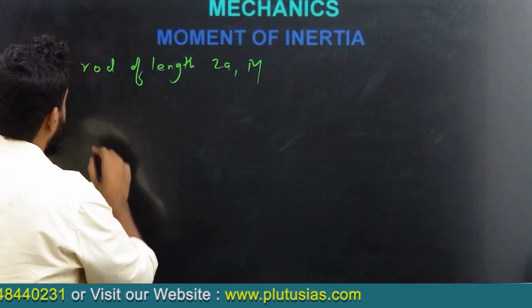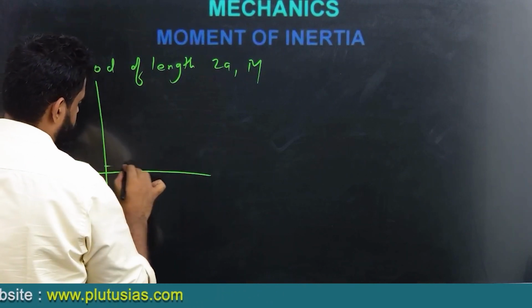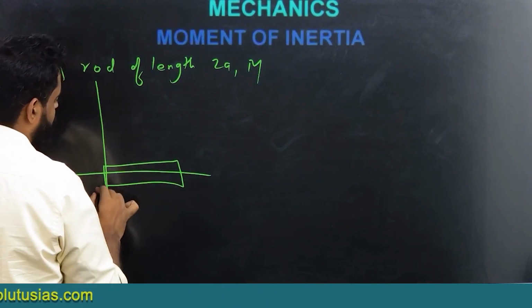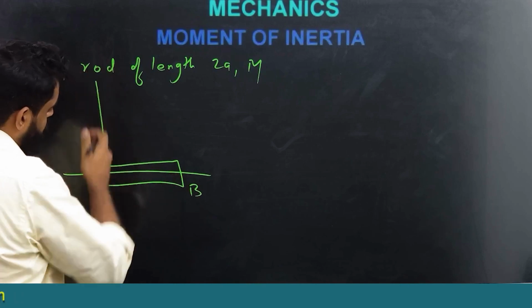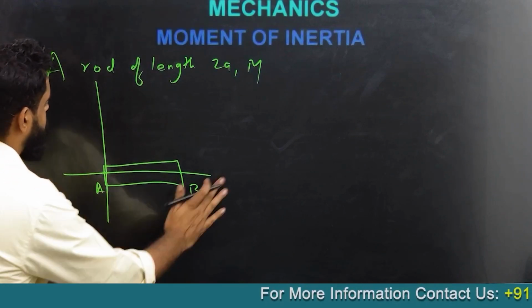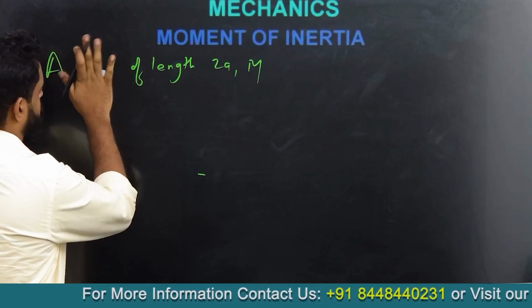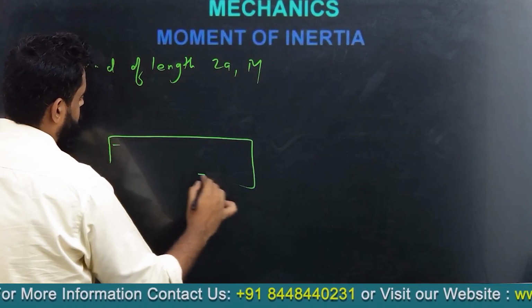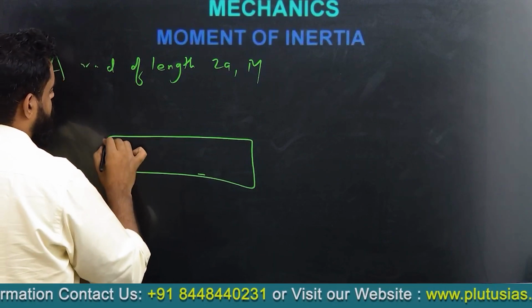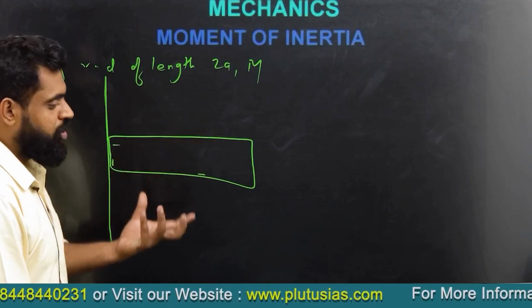First we consider the axis to pass through a corner. Suppose the axis passes through this corner A. I'm making this so that you have a clear understanding. This is a rod, say.